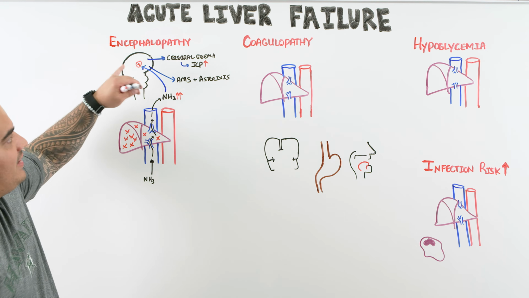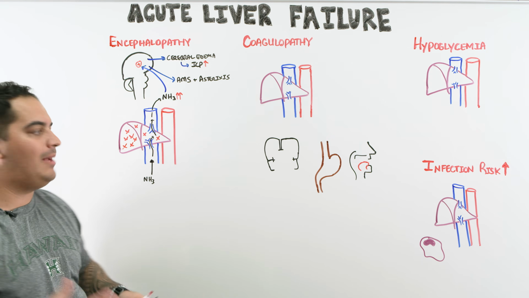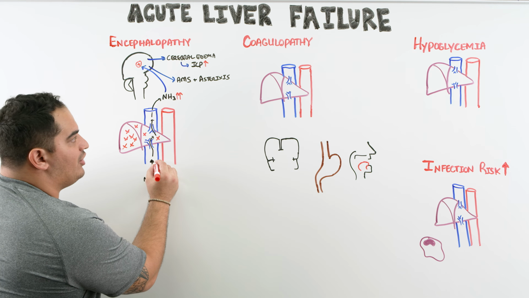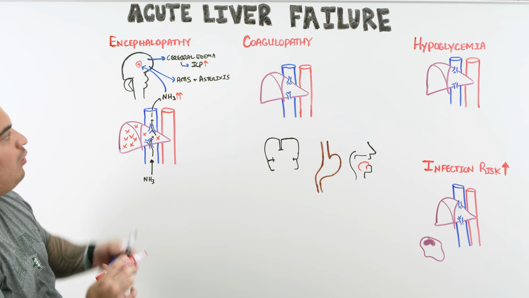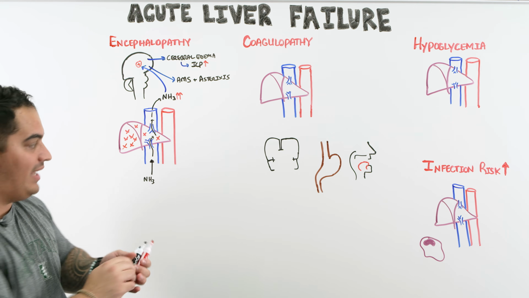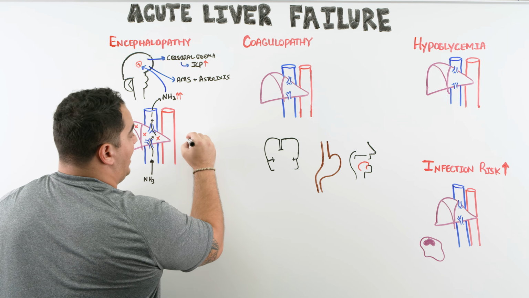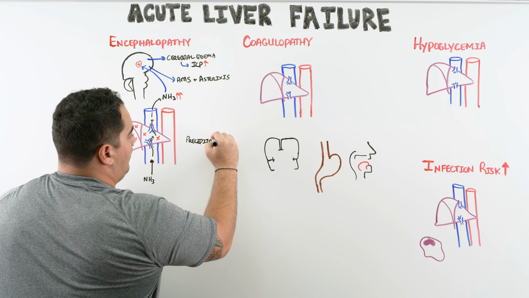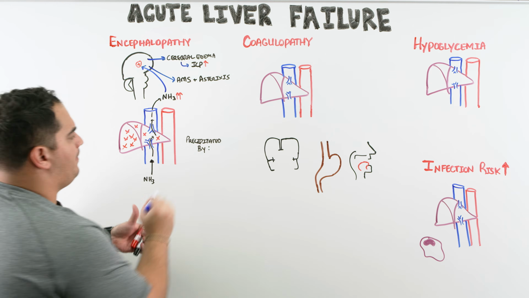Now, encephalopathy in acute liver failure can happen on its own, but oftentimes there are precipitants that increase the ammonia in general, whether it's increasing the absorption or decreasing the clearance. So not only is it in the setting of acute liver failure by itself, but it can be precipitated by a couple other factors, such as what?